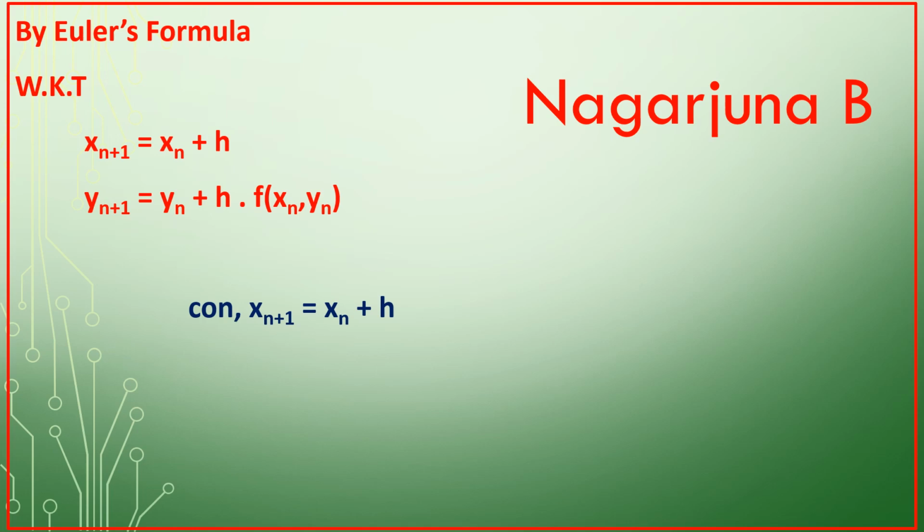So writing that, it will be x0 plus 1 equal to x0 plus 0.2, and substituting the value of x naught, 0 plus 1 is 1, we get x1 is equal to 1 plus 0.2 because the x naught value is 1.